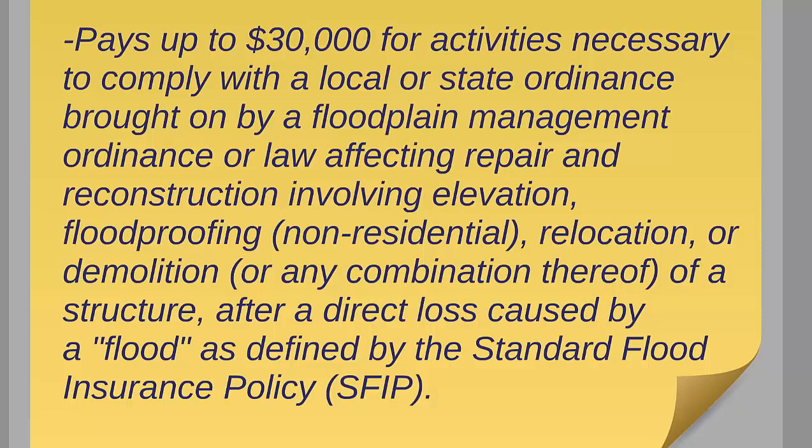While this is a long definition, I think it's important to be aware of it because it likely impacts many coastal businesses that have been or could potentially be impacted by flood.